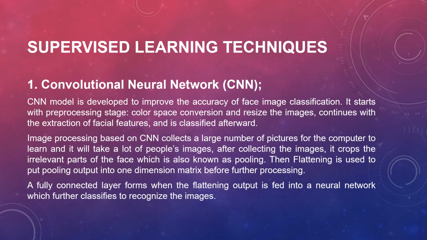The CNN model is developed to improve the accuracy of face images, and it starts with a pre-processing stage, which is color space conversion, then resizing the images, extraction of the facial features, and then classification afterwards.